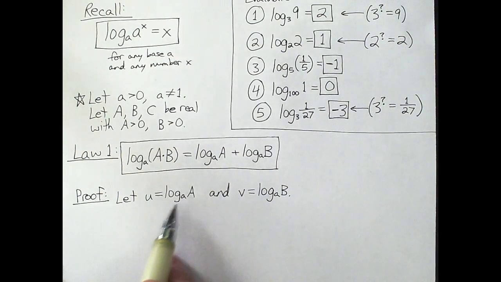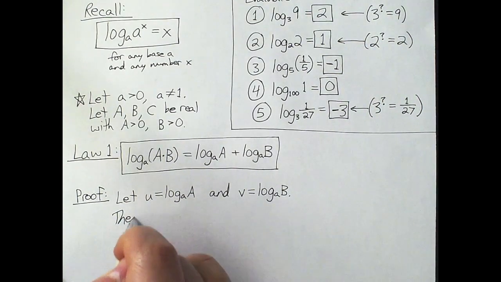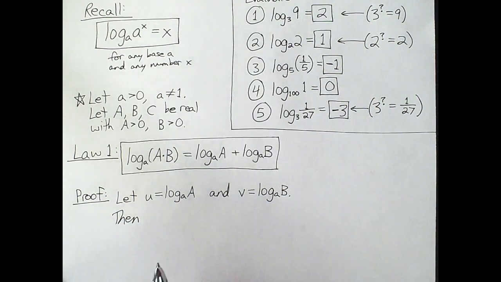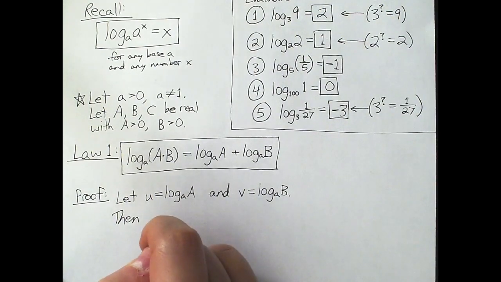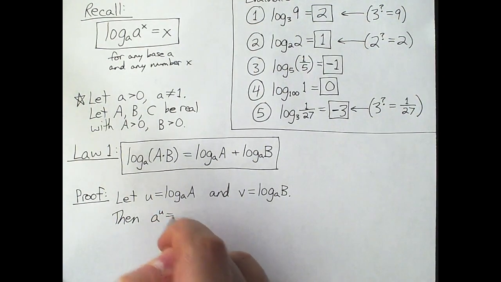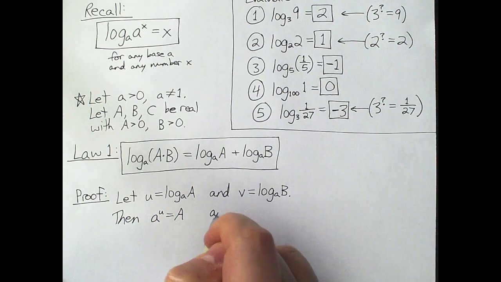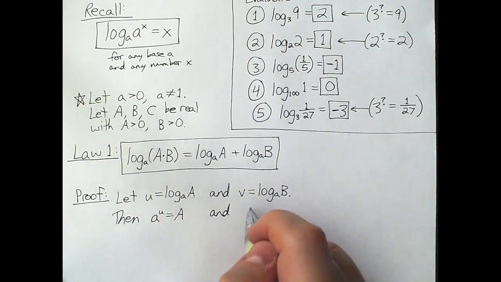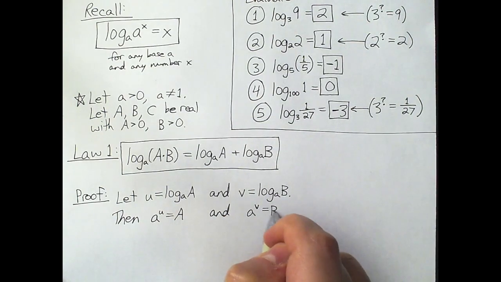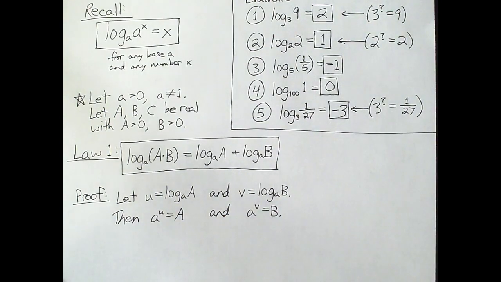Whenever I write something with logarithms, I could also convert it into thinking of it with exponents. So I'm going to say that u equals log base a of A means that a to the u equals A. And this other one says that a to the v equals B. And that's going to turn out to be useful.